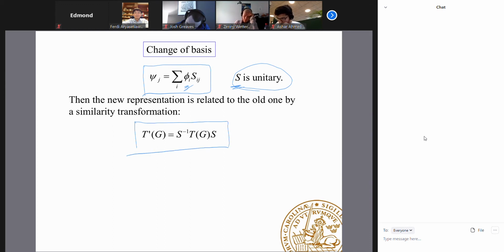So then T prime and T are equivalent. So this is what we need so far.